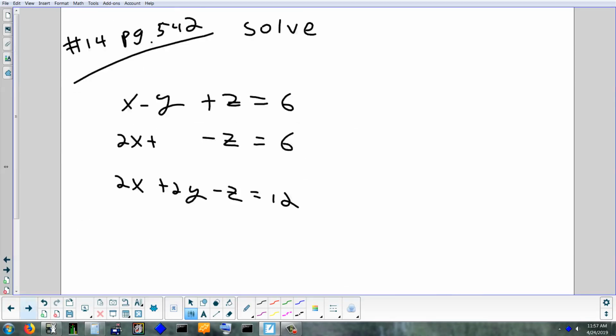Alright, so I had another one. I'm not going to go through this one, but one thing I kind of like here is this is missing. So if it's missing, what's actually there? 0. Right, so that's like a 0y. So I already have an equation with the y eliminated. Maybe I can use that to speed things up somehow.